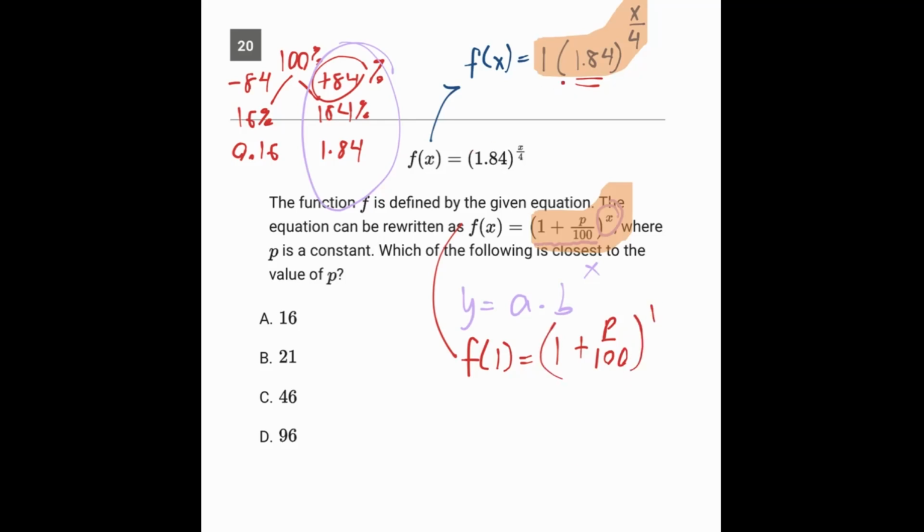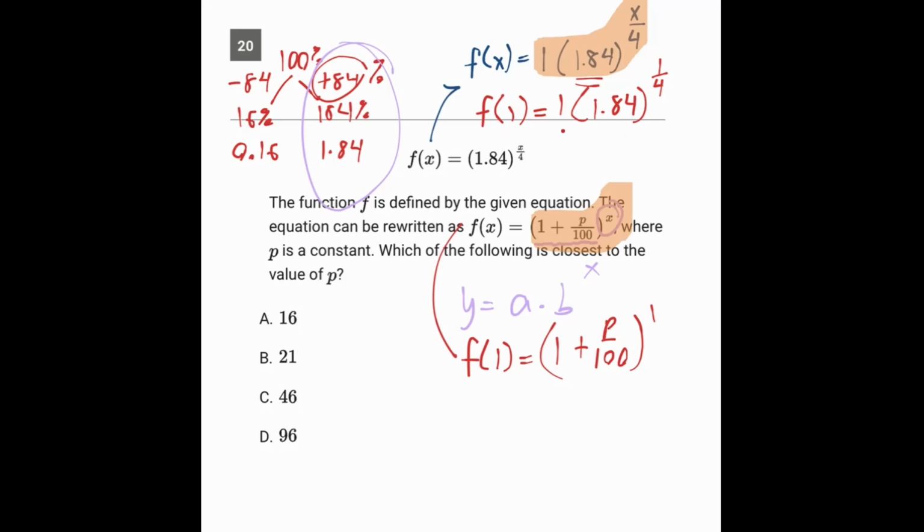And what about in the other equation? F of 1 is 1 times 1.84 to the 1 over 4 power. Now, on your graphing calculator, we recommend the TI-84 or Desmos. Actually, really, we recommend both. But for certain things, one is better and the other is better for other things.